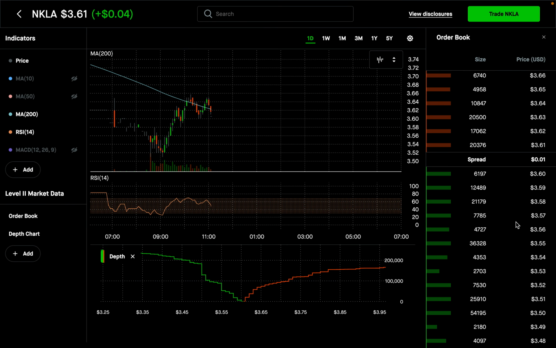So how can this be helpful to us? How can you use this if you're potentially looking to scalp this stock, day trade it, things like that? Basically what you want to do here is look for an unusual amount of shares, a huge wall that could potentially provide a strong support or a strong resistance.